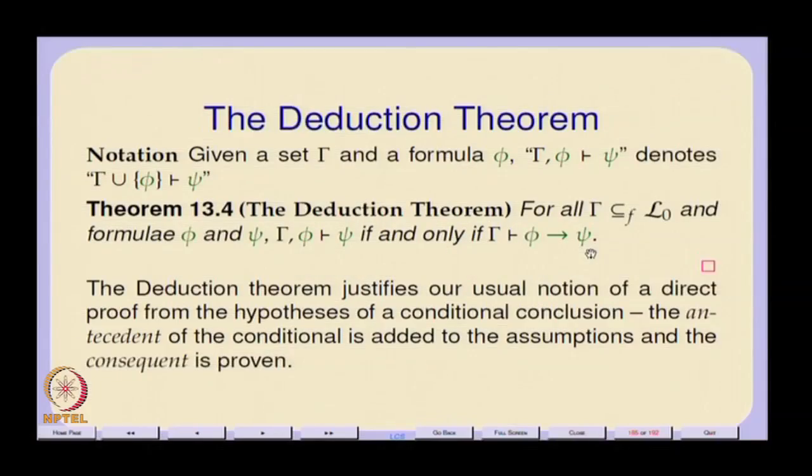You are given a set of hypotheses and then you have a conditional conclusion. So, your first step in any direct proof is to assume all the hypotheses and also assume the left side of the conditional, and your last statement usually is the right side of the conditional, and effectively you are using the deduction theorem to justify it. So, you are proving a different theorem. You had to prove gamma proves phi arrow psi, but what you are actually proving is gamma comma phi proves psi, in any direct proof.